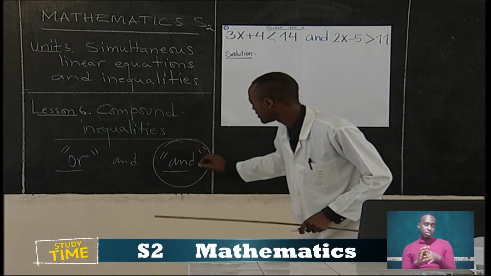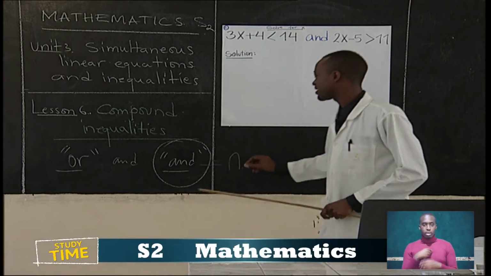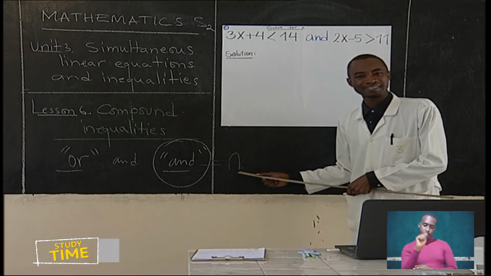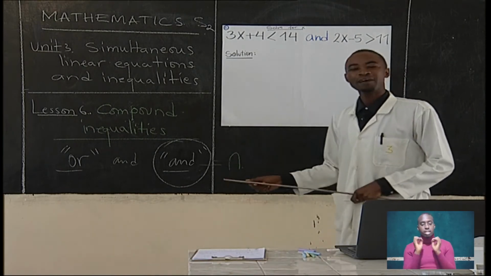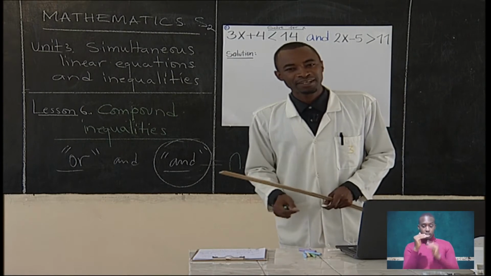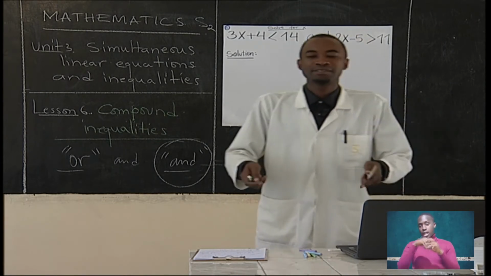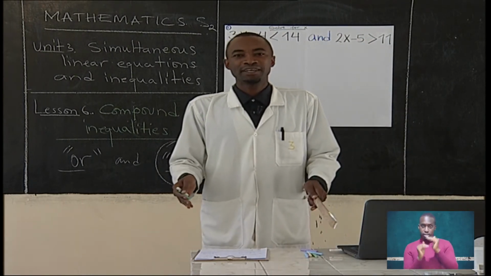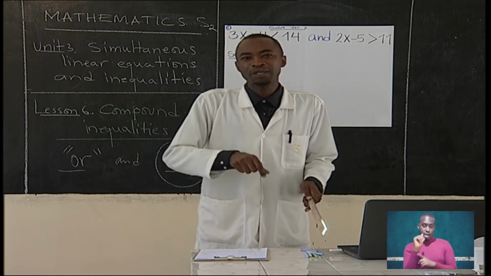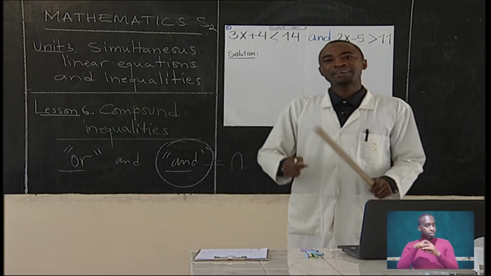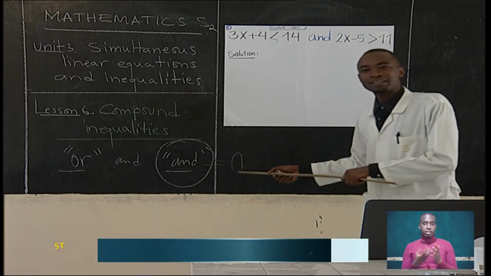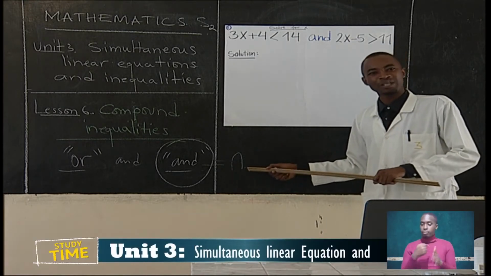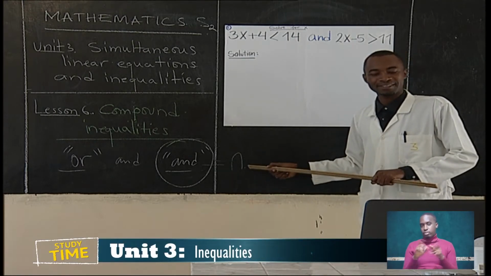You remember in senior 1, we symbolize this intersection with this sign. Whenever I have 2 inequalities, and between those 2 statements there is the word and, it means I will have the solution that shows me the intersection at the end. We will see this in the example.